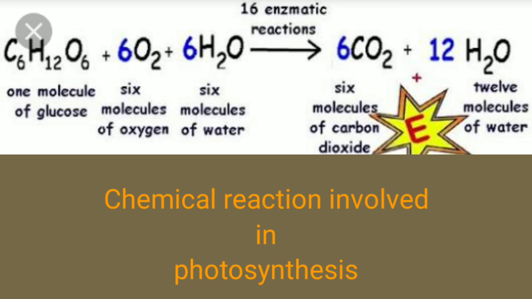So this is how we get the glucose molecule, 6 molecules of oxygen and 6 molecules of water in the whole photosynthetic process.